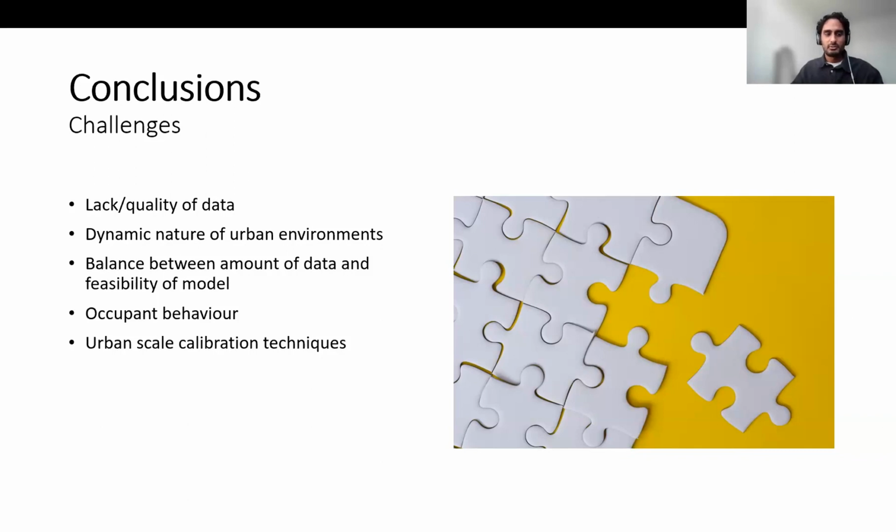I mentioned occupancy data is very difficult. This is mainly because of their heterogeneity in behaviors. There are diverse populations to represent with varying demographics and preferences. And these demographics and preferences shape their needs and their comfort requirements, which in turn affect the energy use of the buildings.